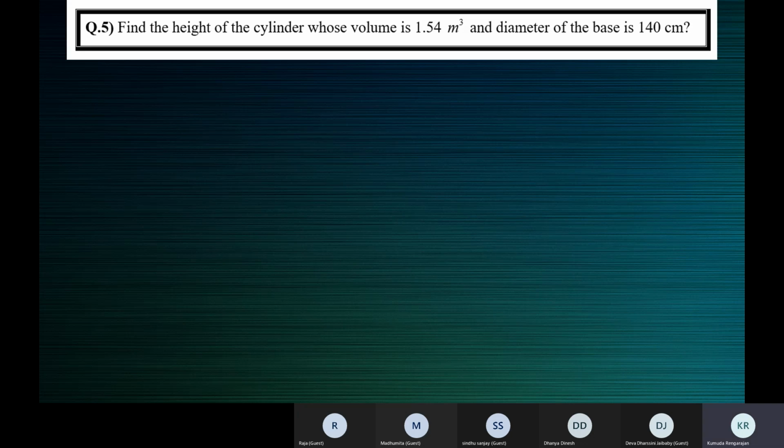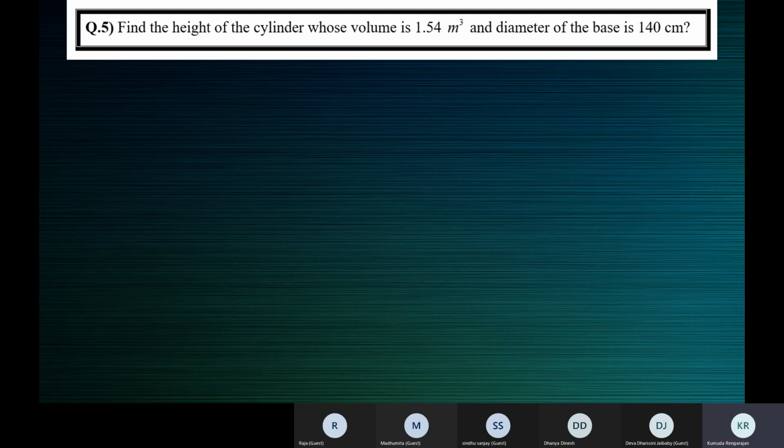Find the height of a cylinder whose volume and diameter is given. You can see that the volume is given in meter cubed, but diameter is given in centimeter. So you should change either centimeter to meter or volume, which is in meter cube, to centimeter cube. Any one. Mostly we change to the smaller unit.